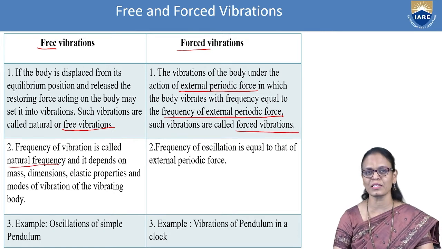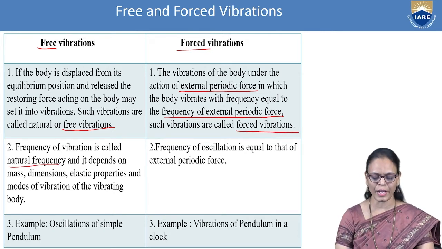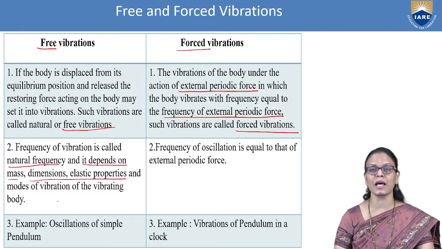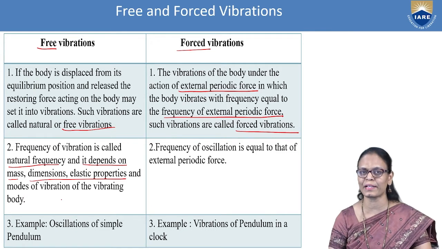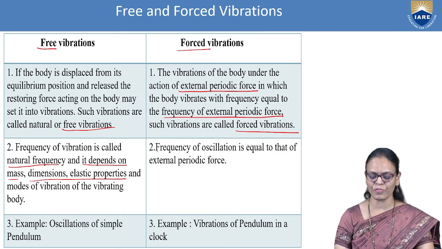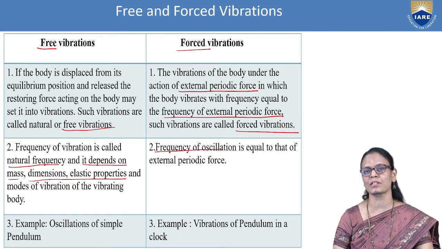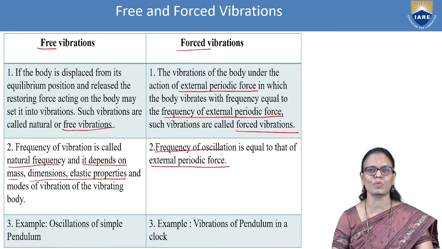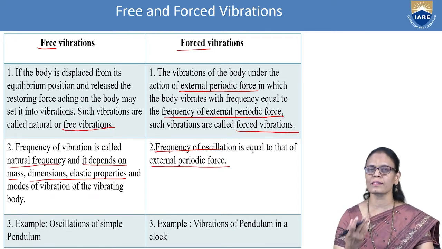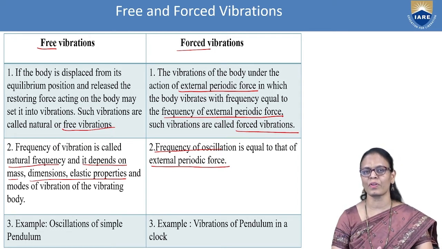In free vibrations, the frequency is the natural frequency, and it depends upon the mass, dimensions and elastic properties of the vibrating body. But in forced oscillations, the frequency is equal to that of the external periodic force, whatever periodic force we are applying. So the system will oscillate with the same frequency.